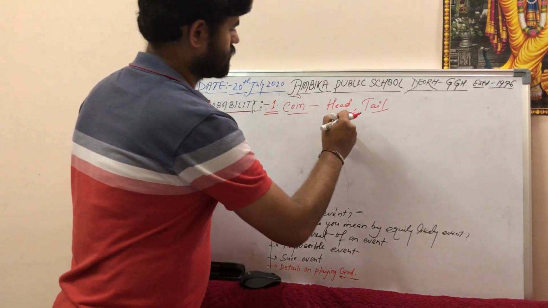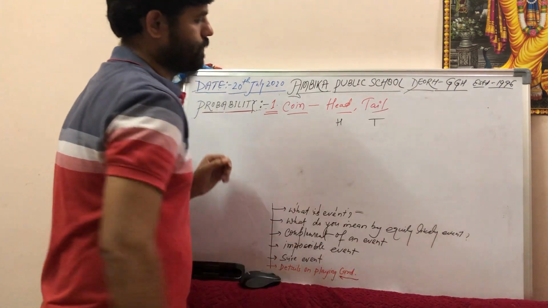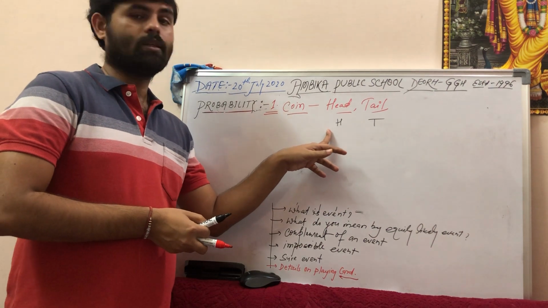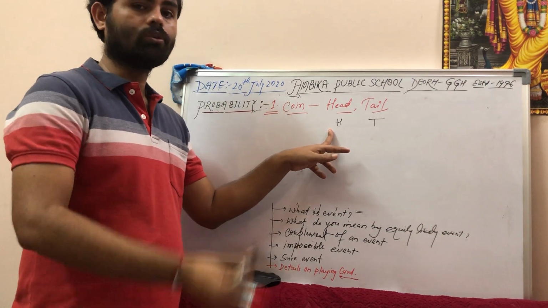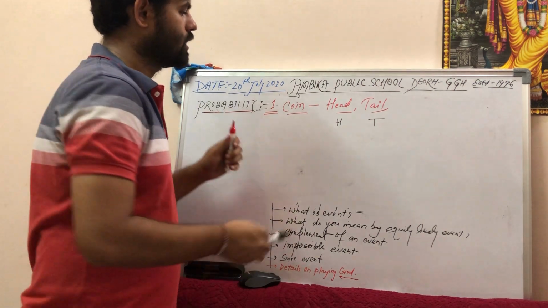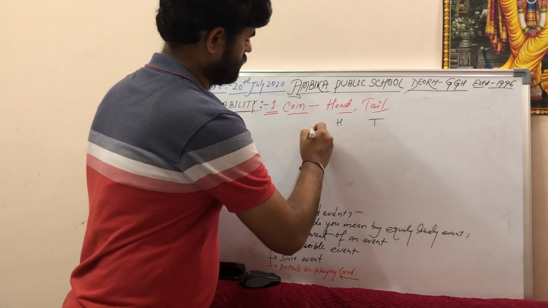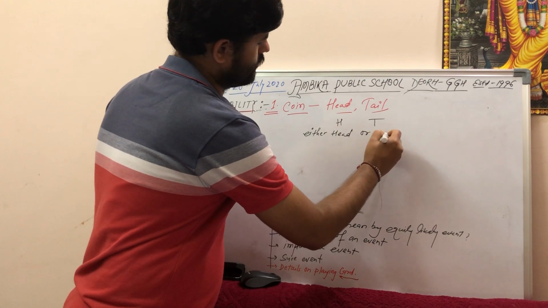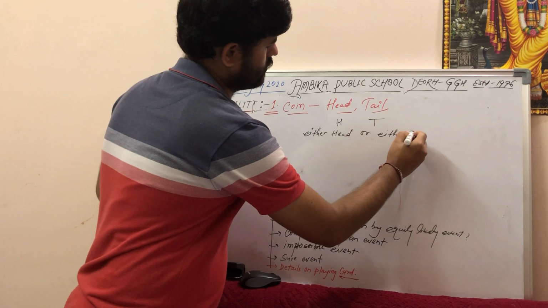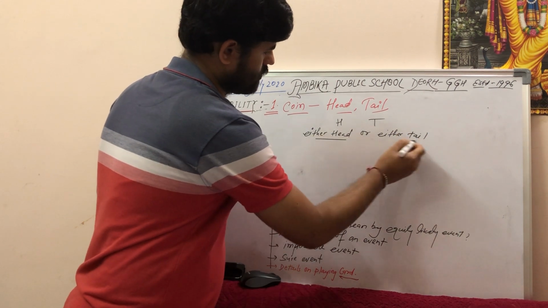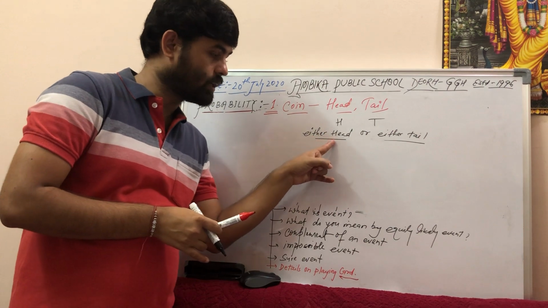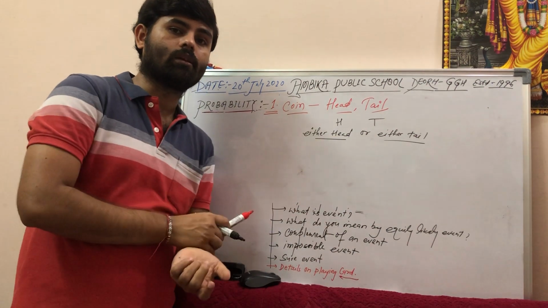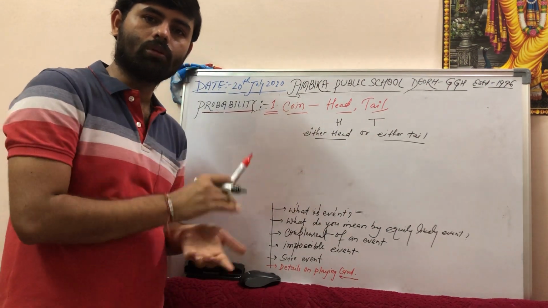Now if I toss the coin, it will come either head or tail. See, I said either head or tail. I have not said head and tail. Can the coin come with head and tail both when you are tossing?